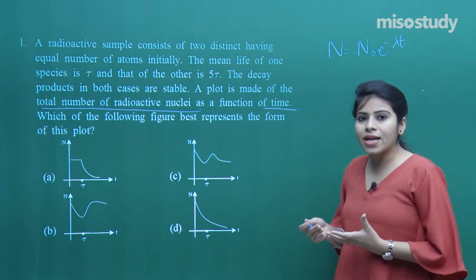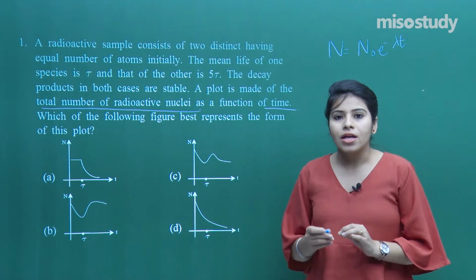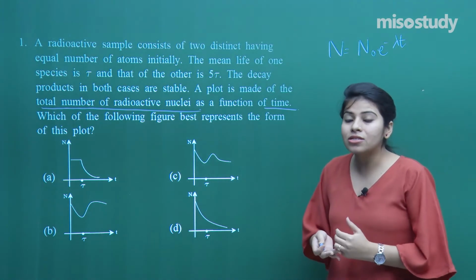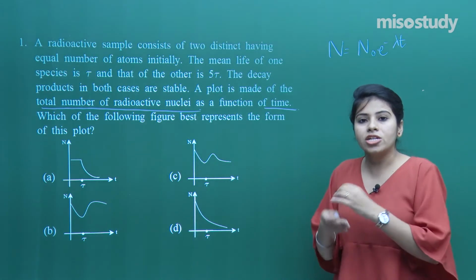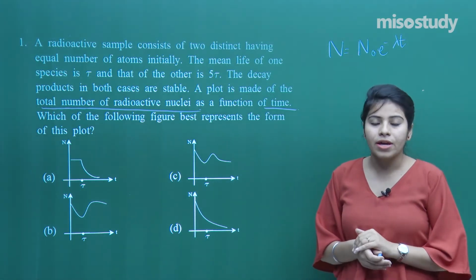However the situation is, the radioactive nuclei is going to decay. It is not the case that it will stay constant or keep increasing with time. No, that is not going to happen.